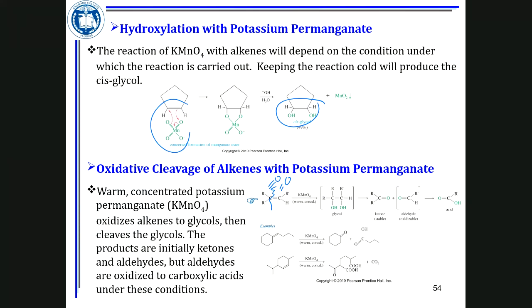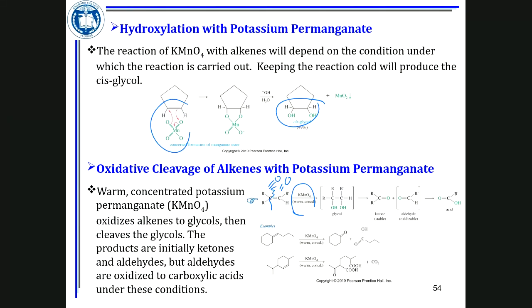So it depends on whether you are using cold dilute permanganate or hot concentrated, or warm concentrated, permanganate. If you're just adding cold dilute, you will get diol, and the addition is from the same side again, syn addition. If you are using hot permanganate, it is a further oxidation.